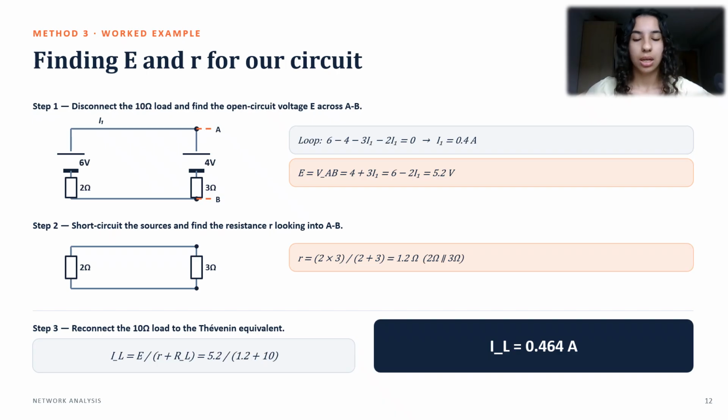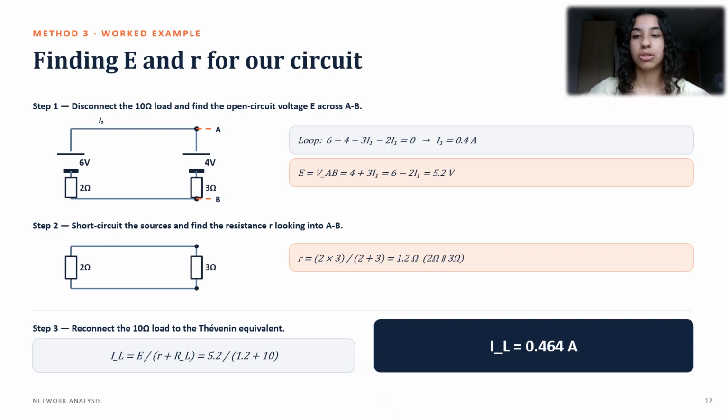So if we rearrange it, we must find that I1 should equal 0.4 amps. Now, E is our new voltage source. How we find it is we assume that the voltage from battery A with its internal resistor voltage should be equal to that from battery B. So from battery B, you get 4 plus 3I1.